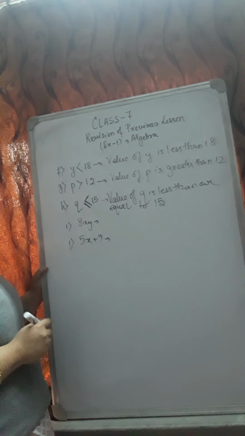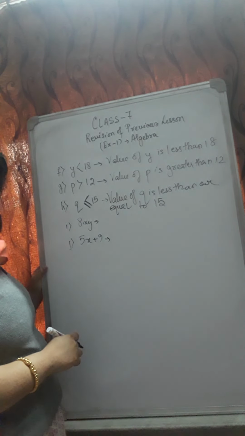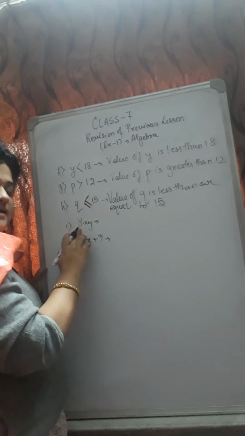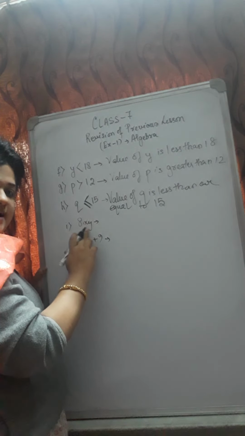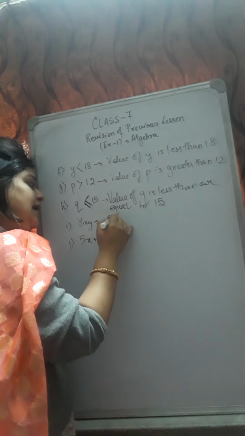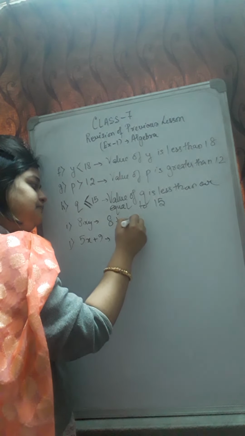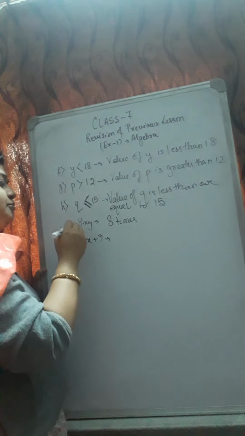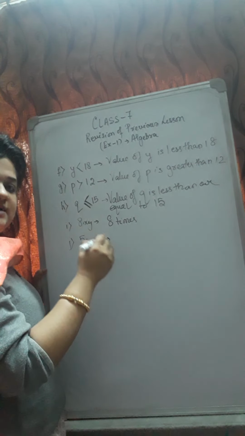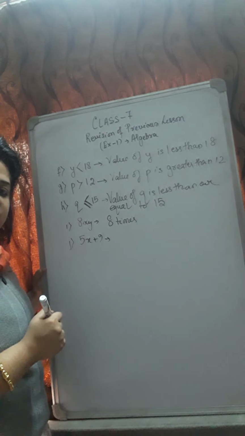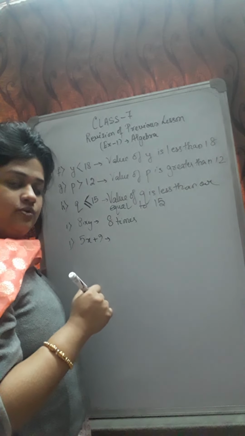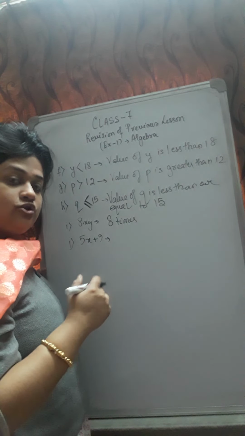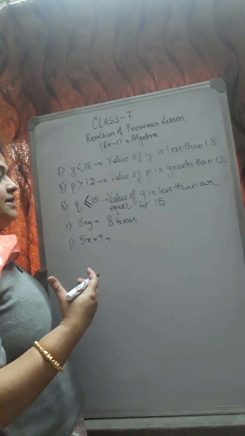I, 8xy. So when 8 is a number multiplied to the letters, you will write 8 times. Here all are given in product. So you cannot write the product of 8 and x and y. It sounds very repetitive. Many of you have written it. That is not wrong, but it doesn't look nice.